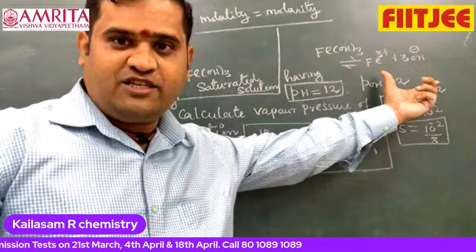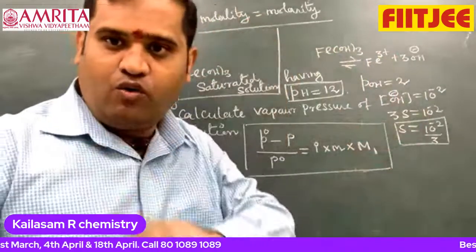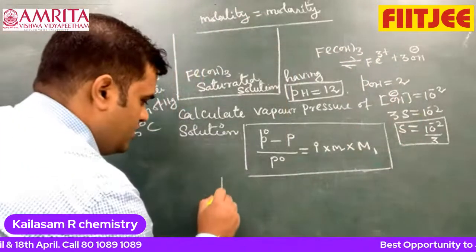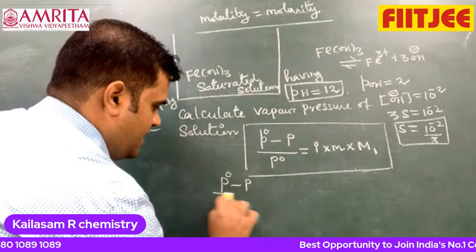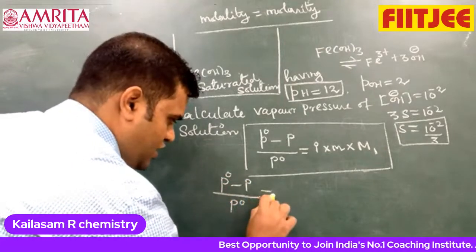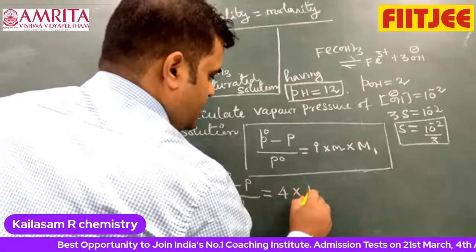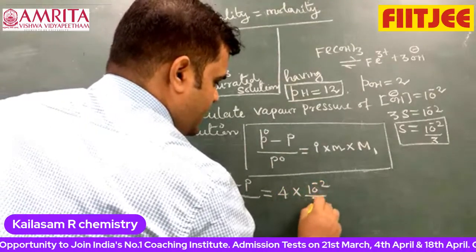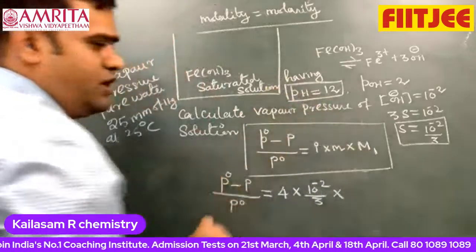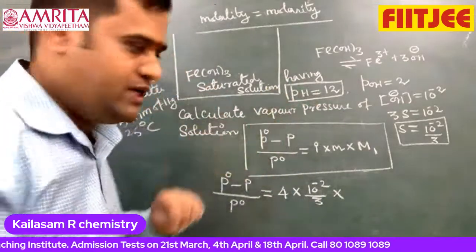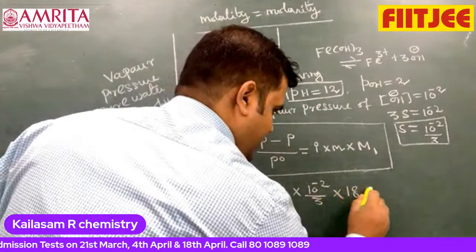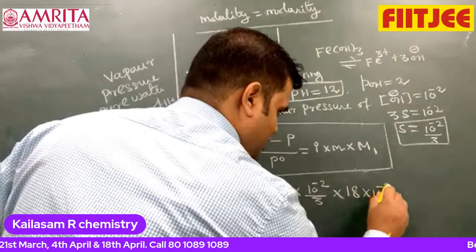Therefore Fe3+ and 3 OH minus, i must be 4. Now I can use (P0 minus P) by P0 is equal to i into m, that is 4 into 10 power minus 2 by 3, into M1, the molecular mass of the solvent. The solvent is water, so you can take 18, into 10 power minus 2.